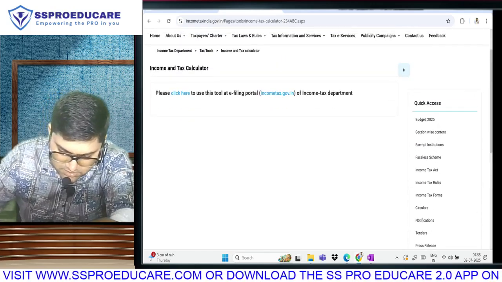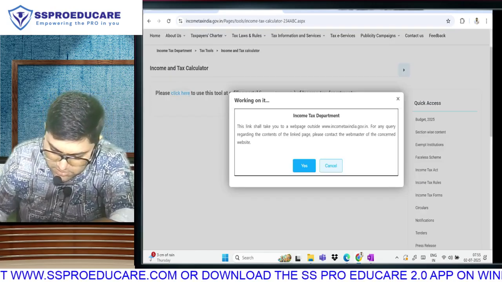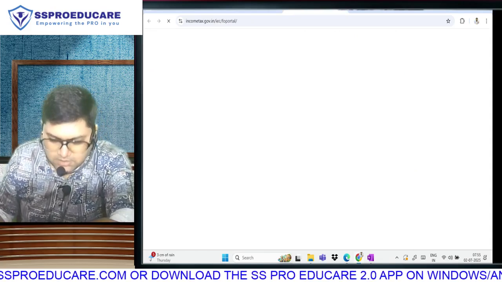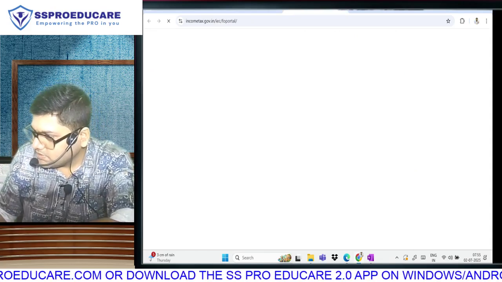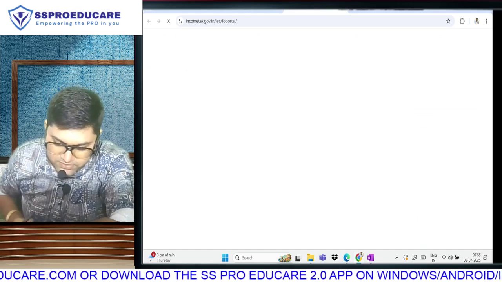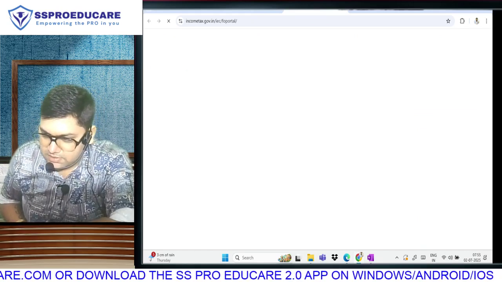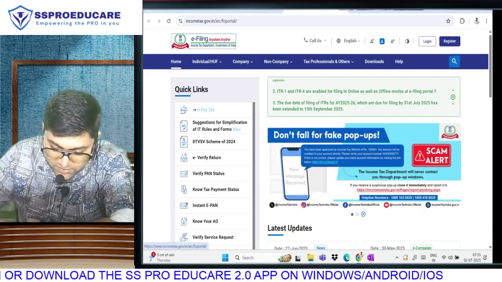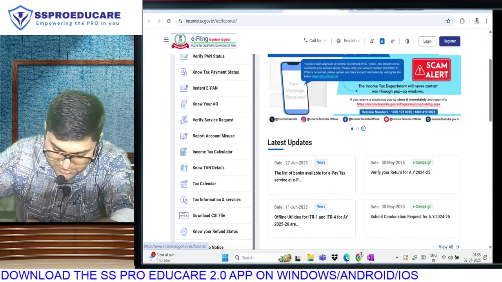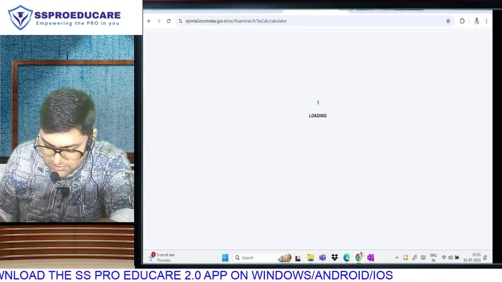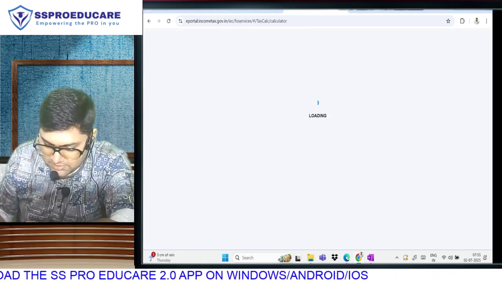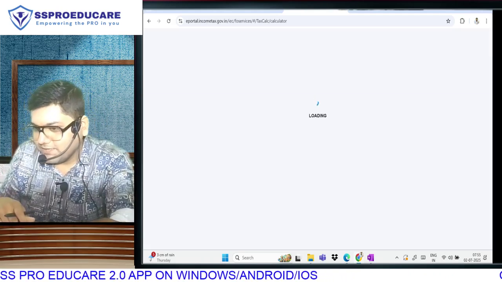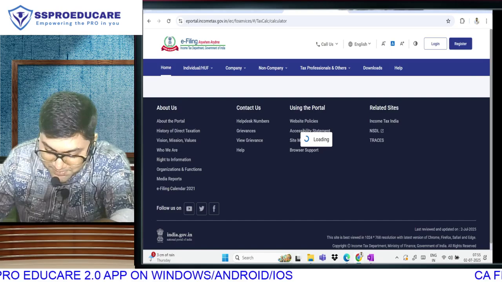Kya click kiya re? Achha, it is taking us to the e-filing portal. Pehle to it used to happen on the website only. I will not waste too much of time, nahi to kal I will check and come. When I was preparing the notes of your batch, at that time I checked the website. Abhi kaun sa website I checked, I don't remember that.